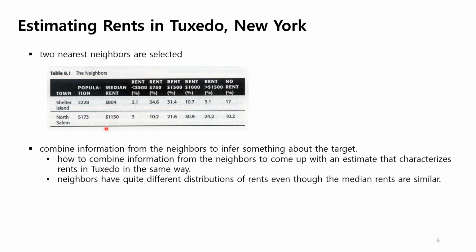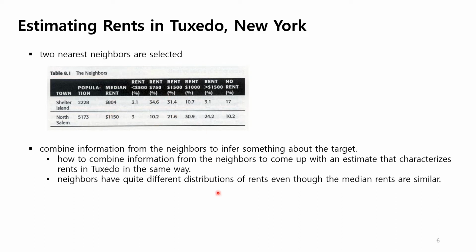If you look here, even though the median rent is pretty close, the distribution of rent is quite different actually. In Shelter Island, the most frequent rent range is this area here, but in North Salem, the most frequent rent range is this one. So even though the median rent is pretty close, their distribution is quite different.